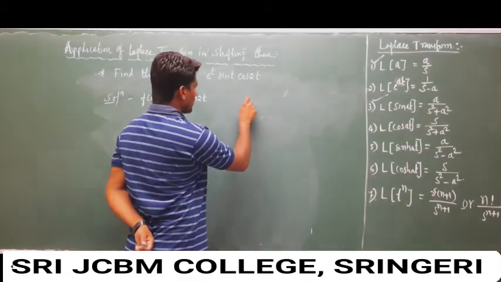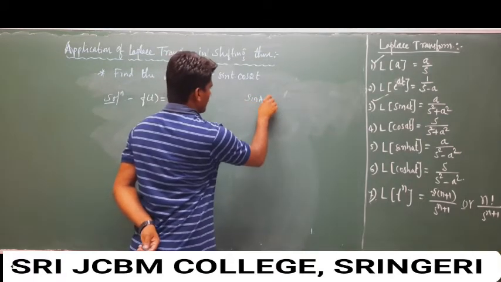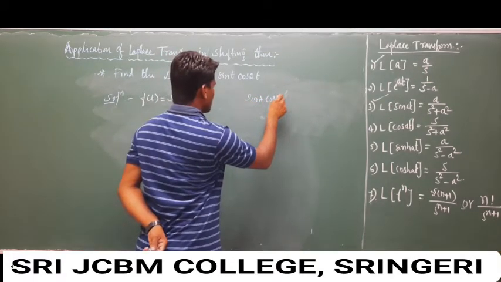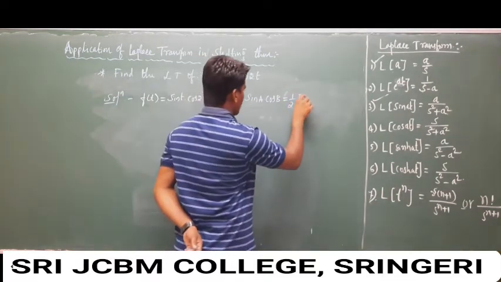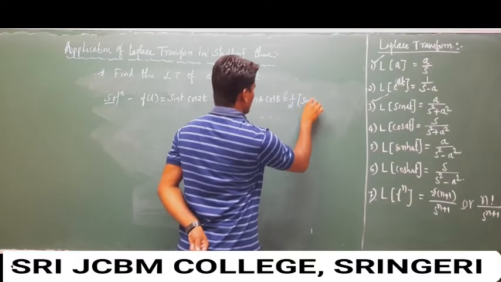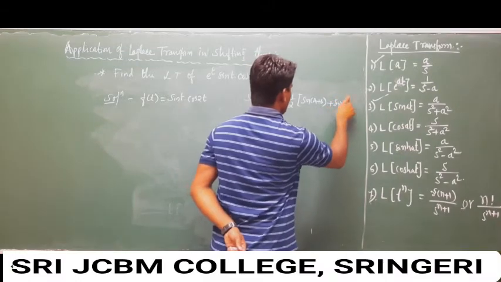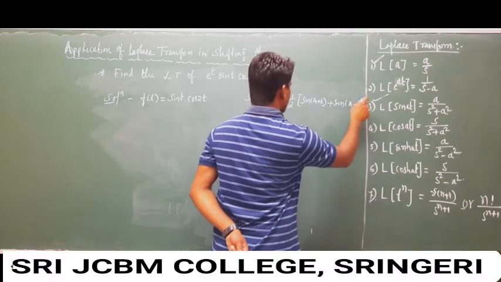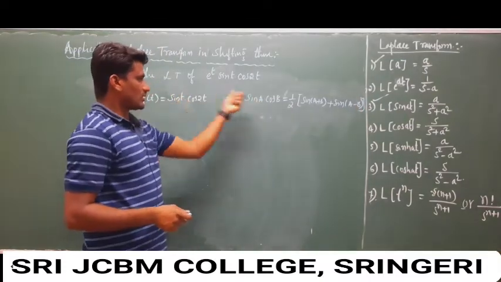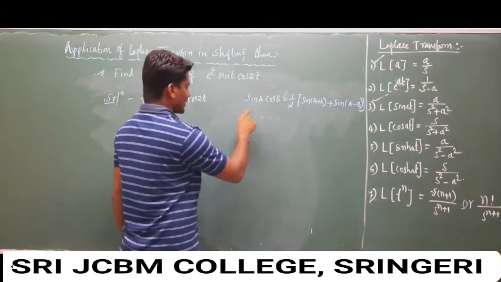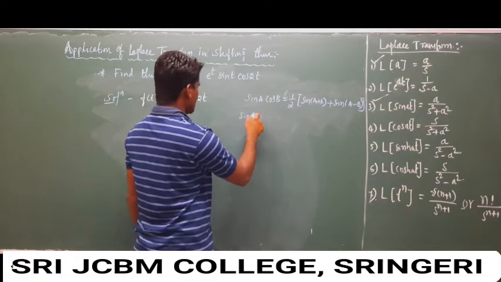And we know the trigonometric formula for sin a cos b is nothing but 1 over 2 times sin of a plus b plus sin of a minus b. So this is the compound angle formula, and we have to compare with this condition to get the solution in simplest form.